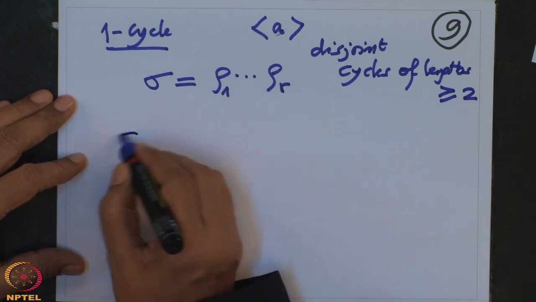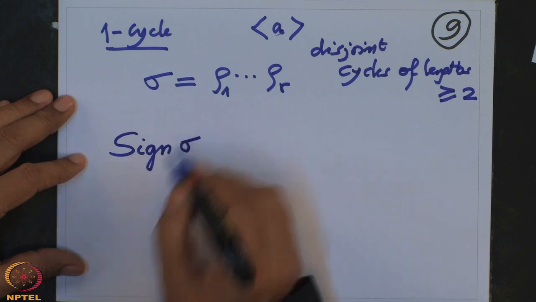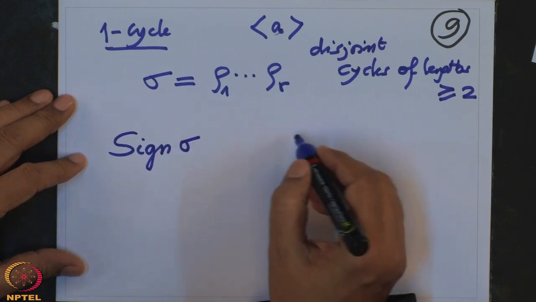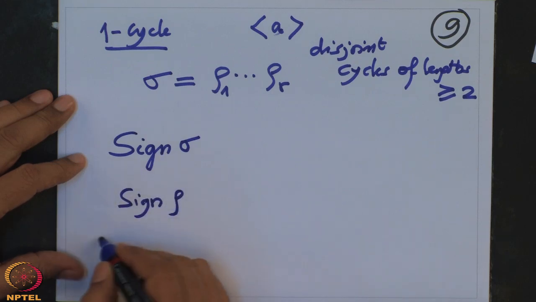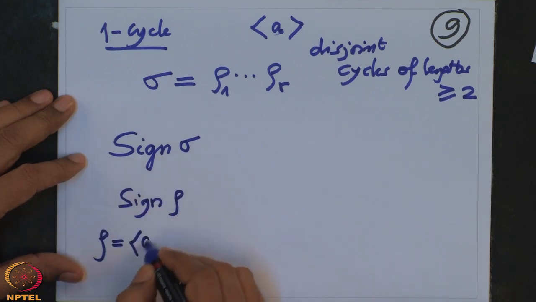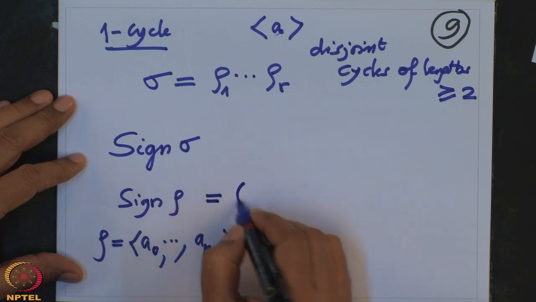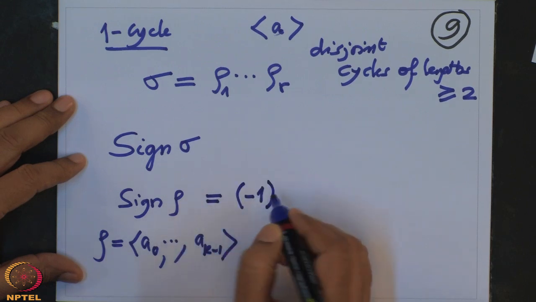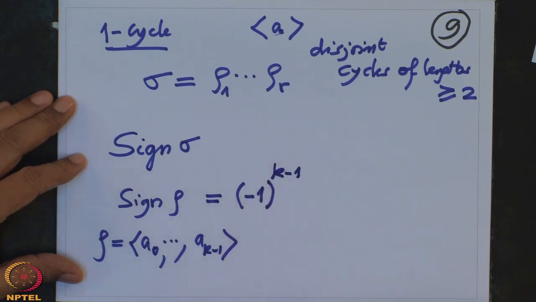Therefore, to define the sign of sigma, I want to define the sign of a cycle first, where rho is a k cycle. And this I define to be equal to minus 1 power k minus 1, the number of elements minus 1.